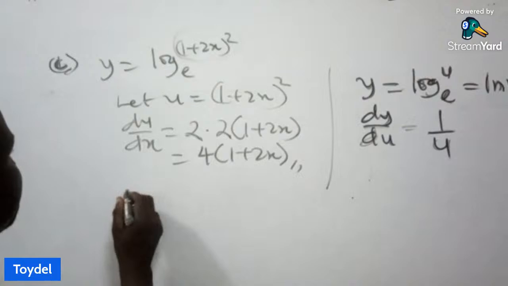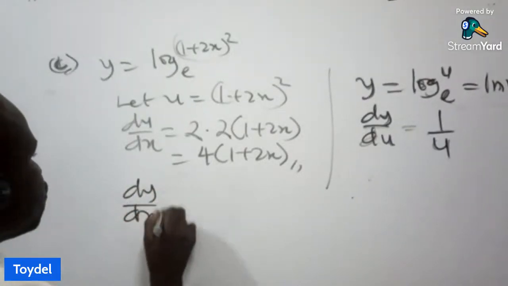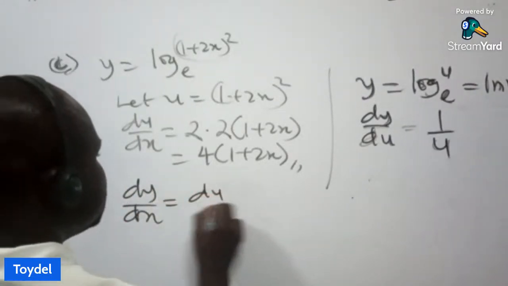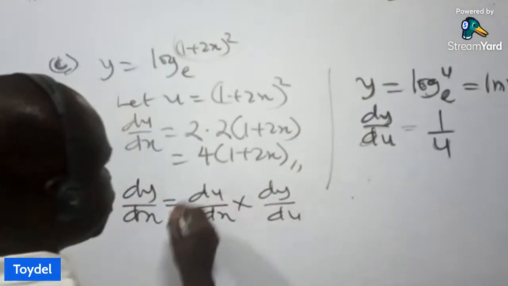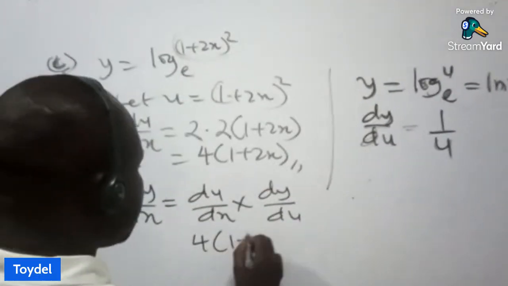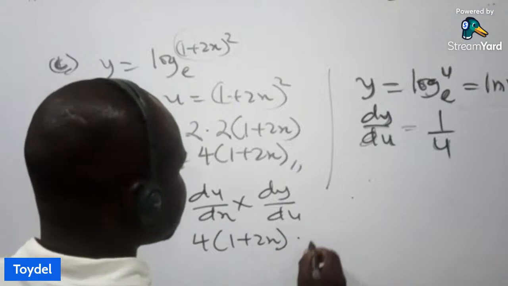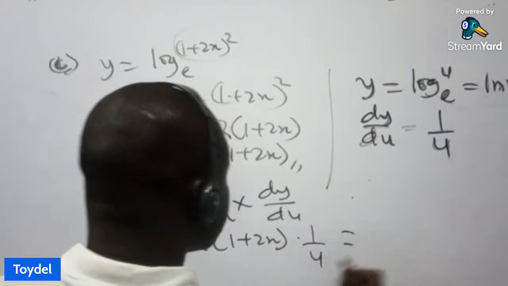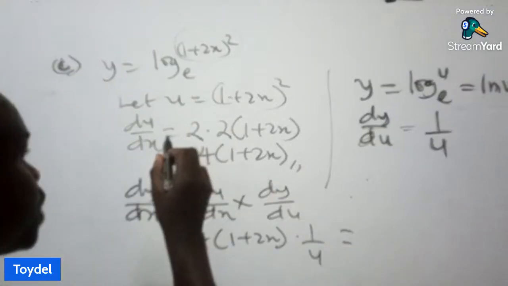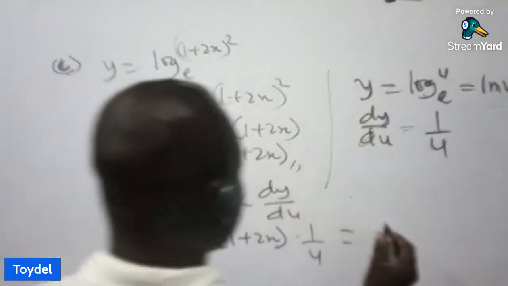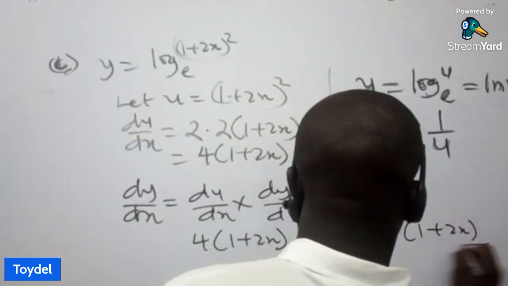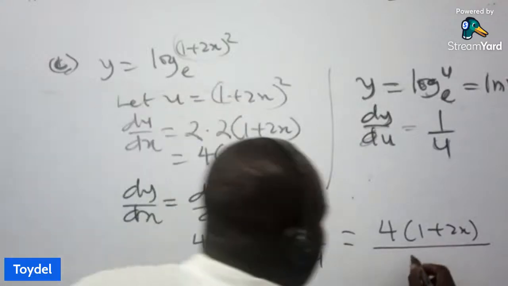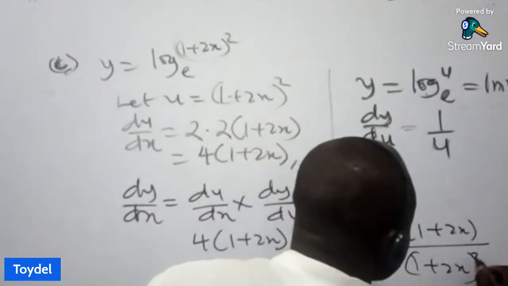So at the end of the day, dy/dx will now be du/dx multiplied by dy/du. So du/dx is 4 into bracket 1 plus 2x multiplied by 1 all over u. And of course, we are given the question in the form of x, not u. So we recall that in this case, if we multiply, we are going to have 4 into bracket 1 plus 2x all over u, which is (1 plus 2x) all squared.